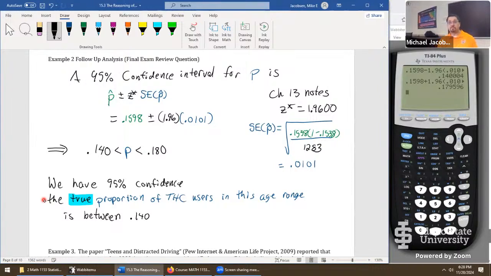If you prefer the percentage, 14.0% is a great way to indicate this, and 0.180.